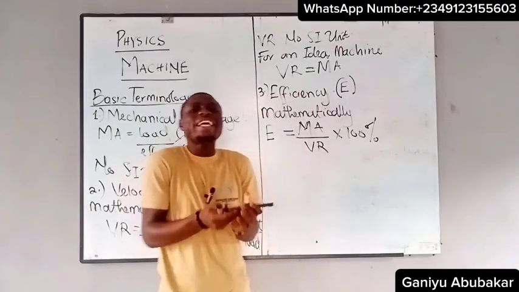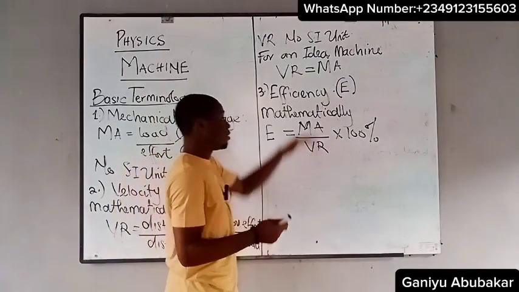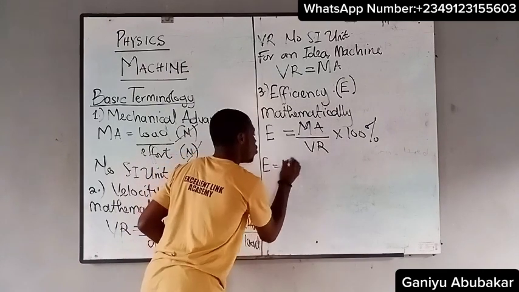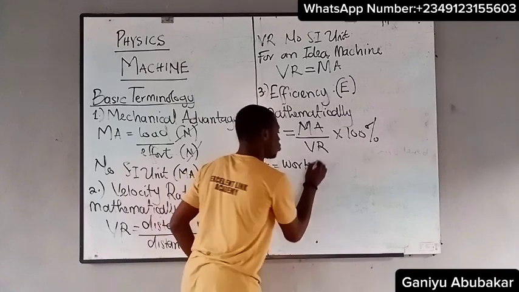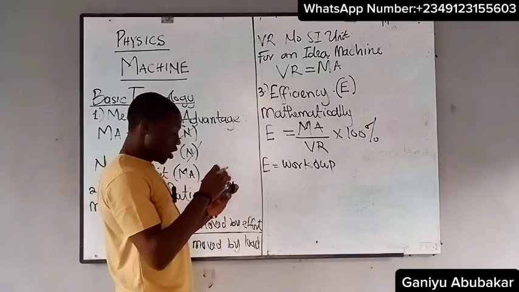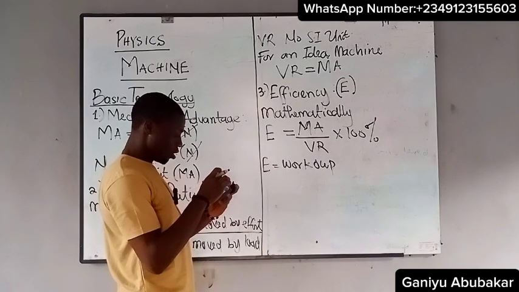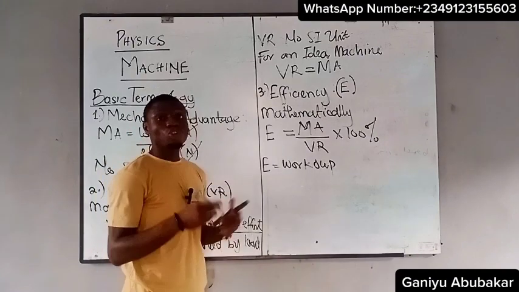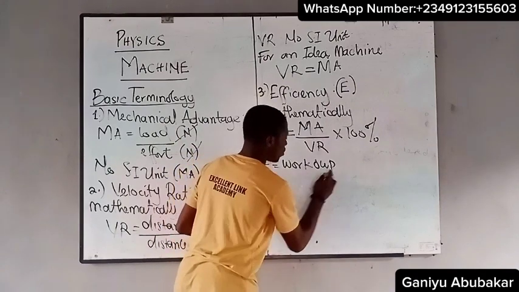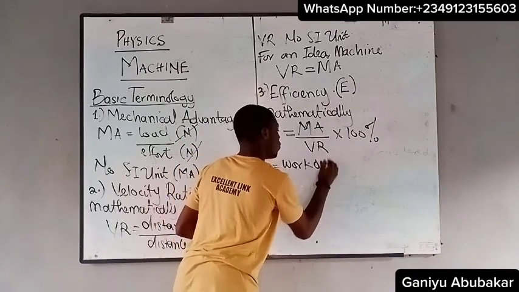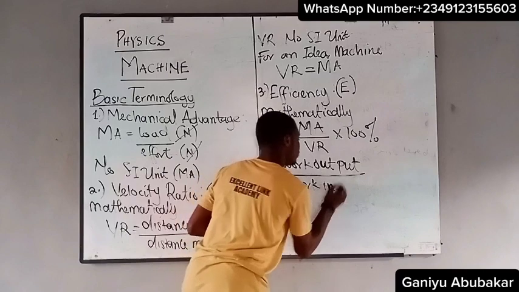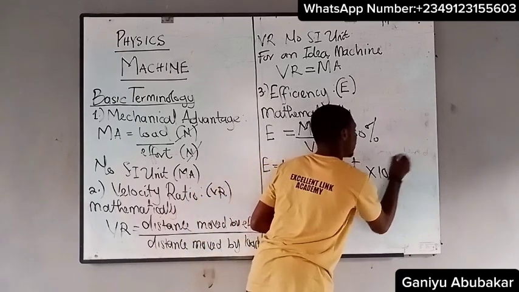At this point, aside from this formula for calculating mechanical efficiency, note that efficiency E can be expressed as the ratio of work output all over work input times 100%.